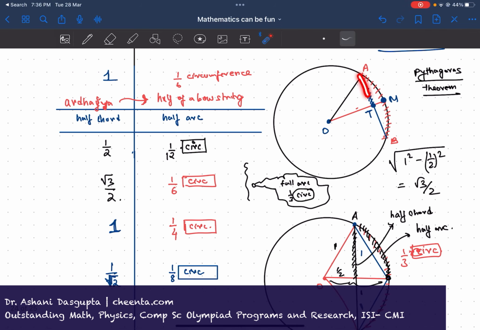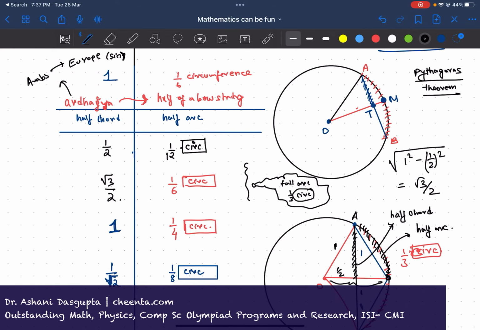This looks like a bow, and this half chord looks like half of a bowstring. This is how Aryabhatta coined the term, and then it traveled to the Arabs, and then to Europe, where it got the name sine.